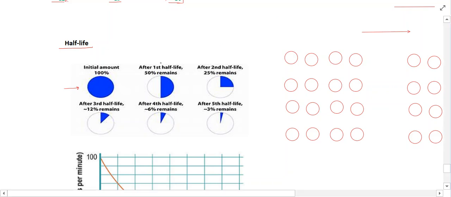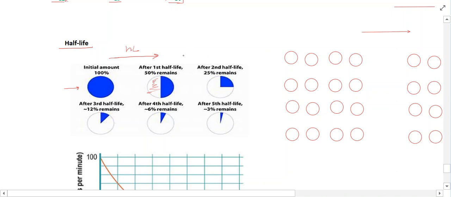Then after a period of time, which is known as the half-life, and that period of time can vary, if you look at your sample of carbon-14, half of the carbon-14 will have broken down or decayed. 50% will have undergone spontaneous breaking down and releasing of radiation, and then 50% of it will remain.